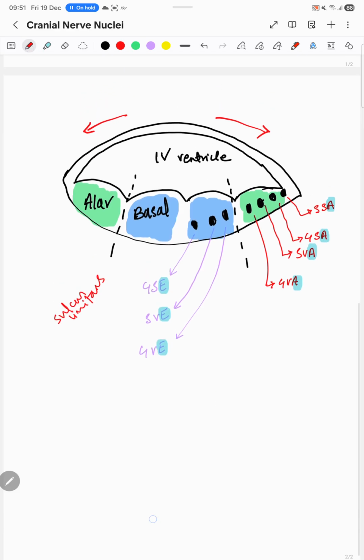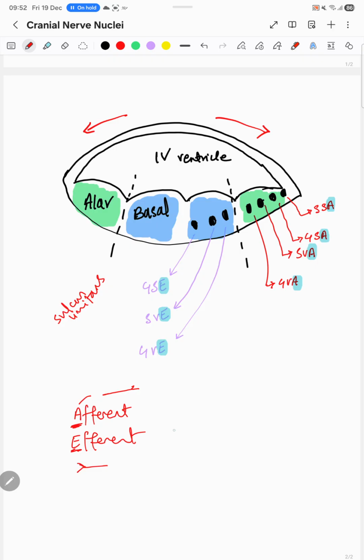How I used to remember this is that A comes before E, so afferent fibers are the ones that carry the information toward, and E comes after A, so efferent are the ones that carry it away.